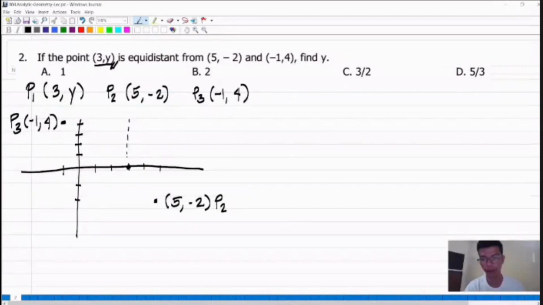Pero kung i-assume natin ang ating point, sinabi kasi diyan that the point 3 and y must be equidistant from the given 2 points.